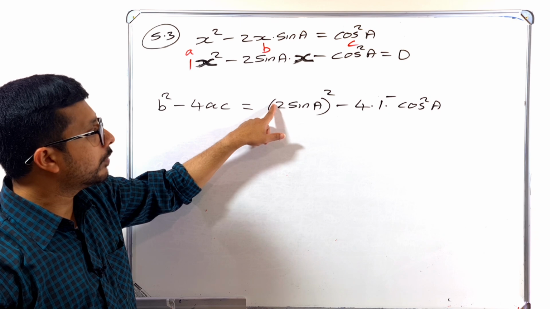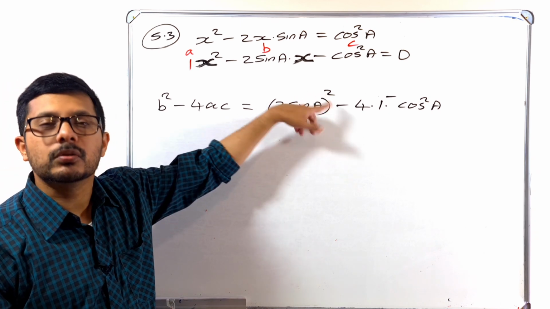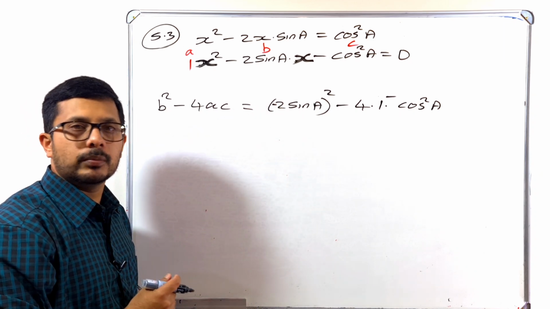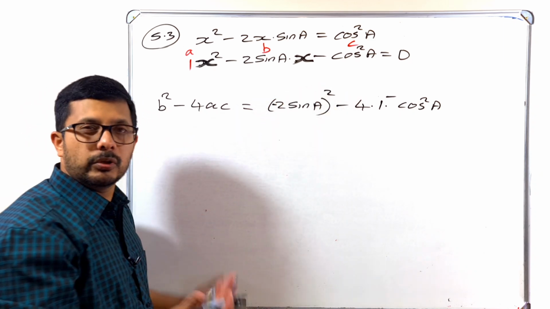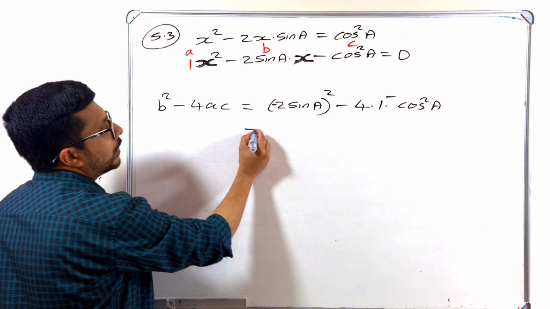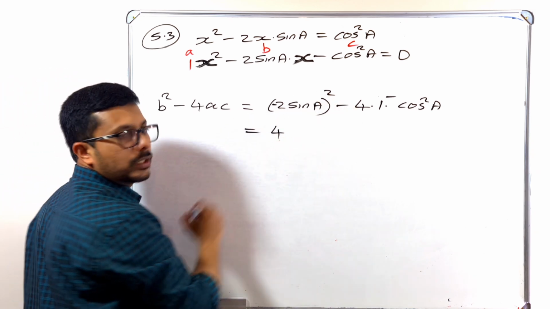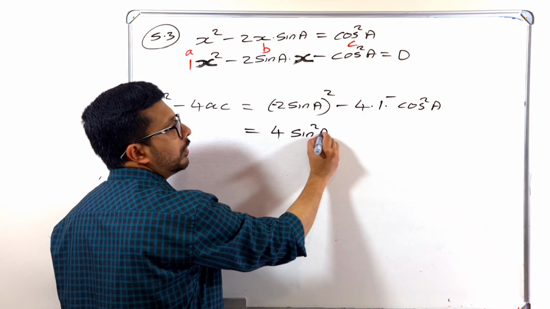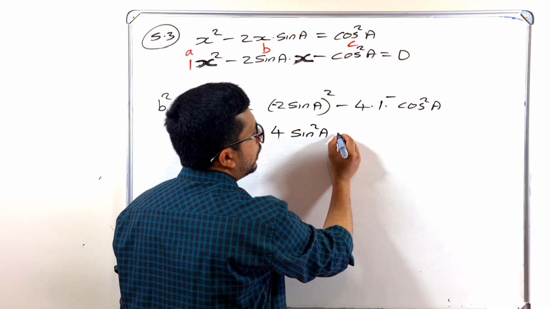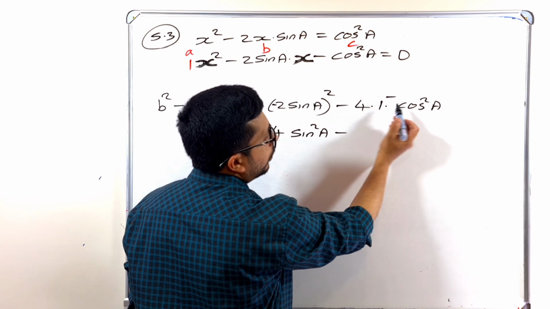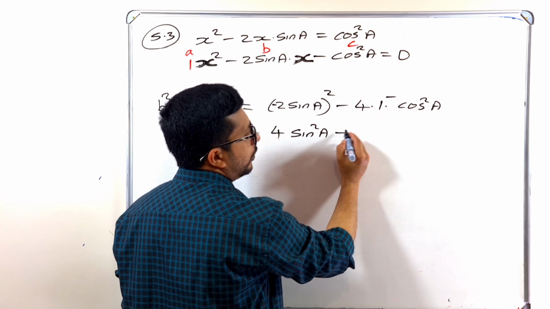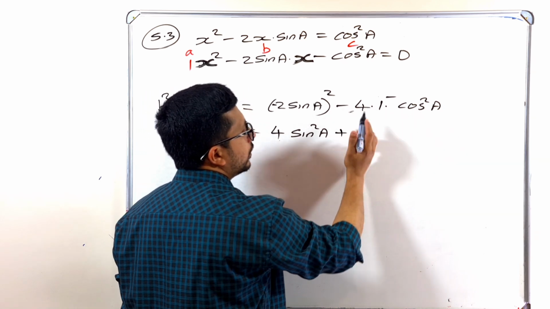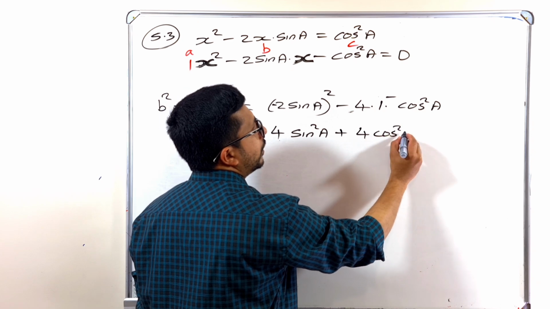Even though we write minus here, when we square, it's going to be positive. Just to avoid confusion, let's put that minus, but we are going to square it, so it's positive. Now minus 2 squared is 4. Sine a squared is the same as sine squared a. Then minus 4 into 1 into minus cos squared a: minus times minus is positive, so that is 4 cos squared a.